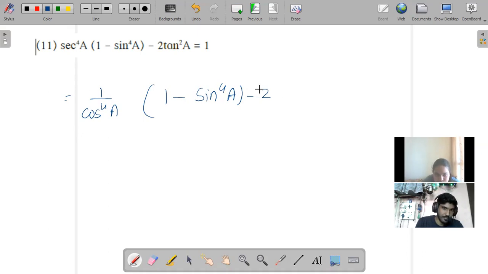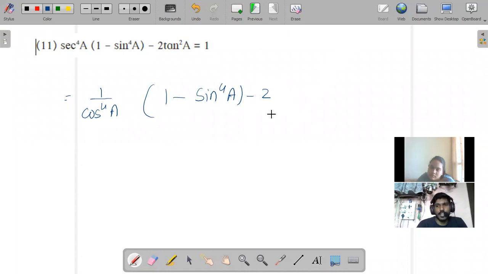Okay. Wouldn't tan square a be sine square a upon cos square a?